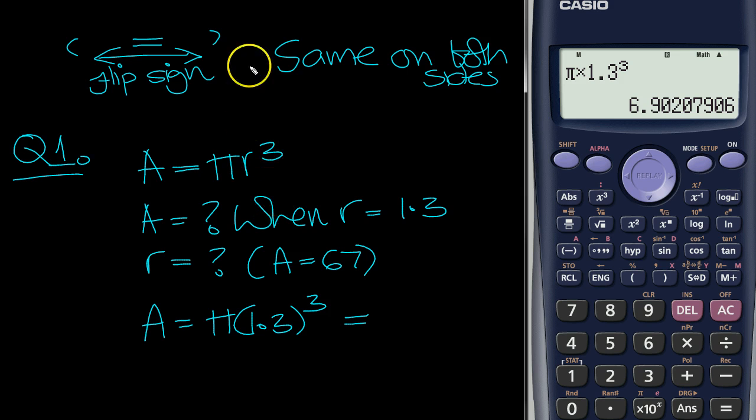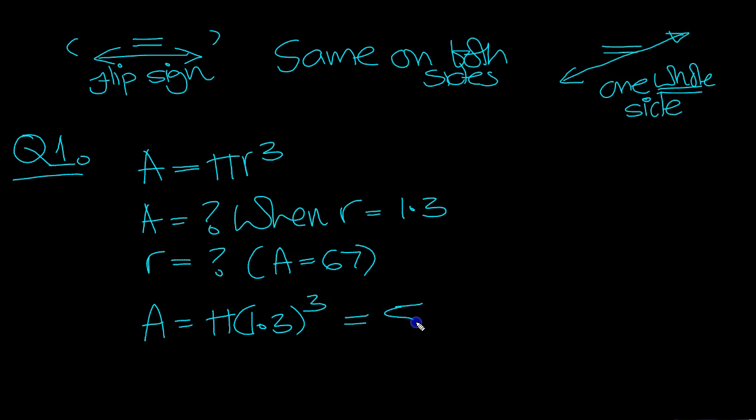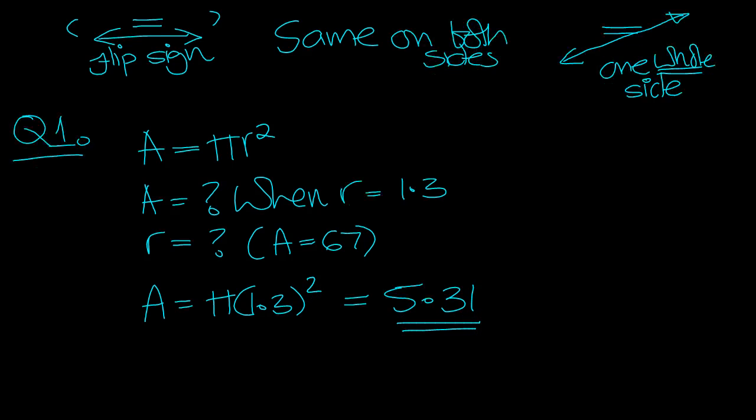I've written down the formula wrong, so let me just change that then. I've just looked at the question, and we get 5.31 to 2dp. I'll just change these to squareds. Pi r squared, which is what it should be, of course, and that's units squared to 2dp.